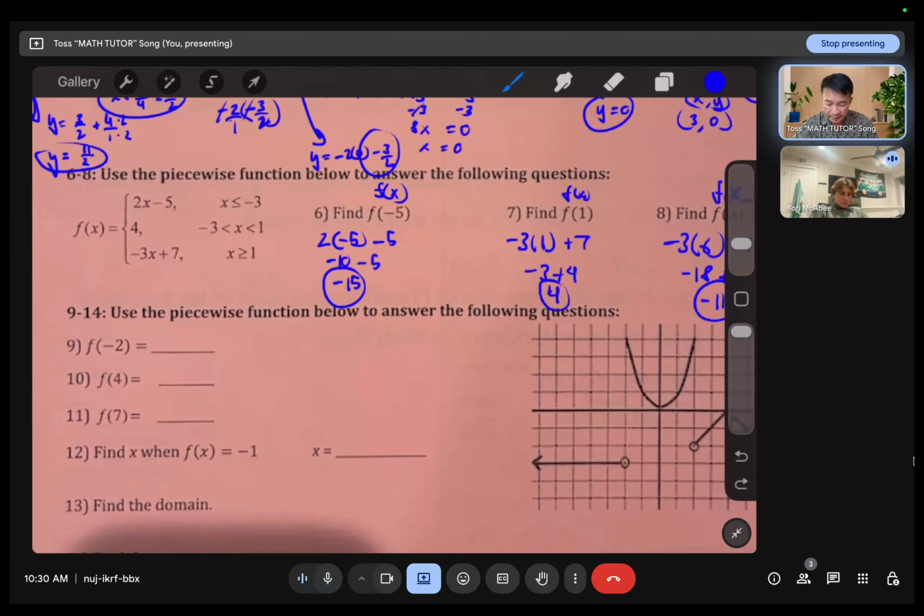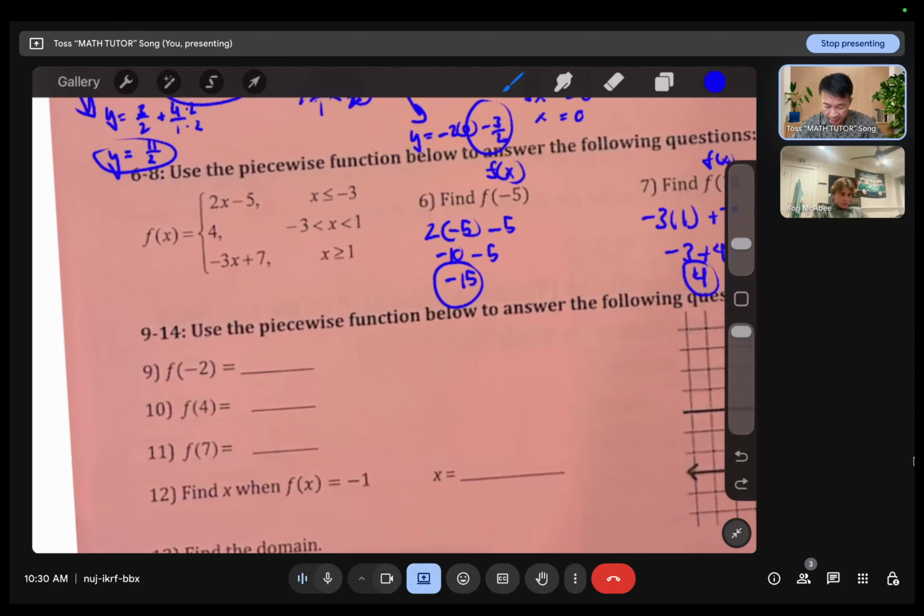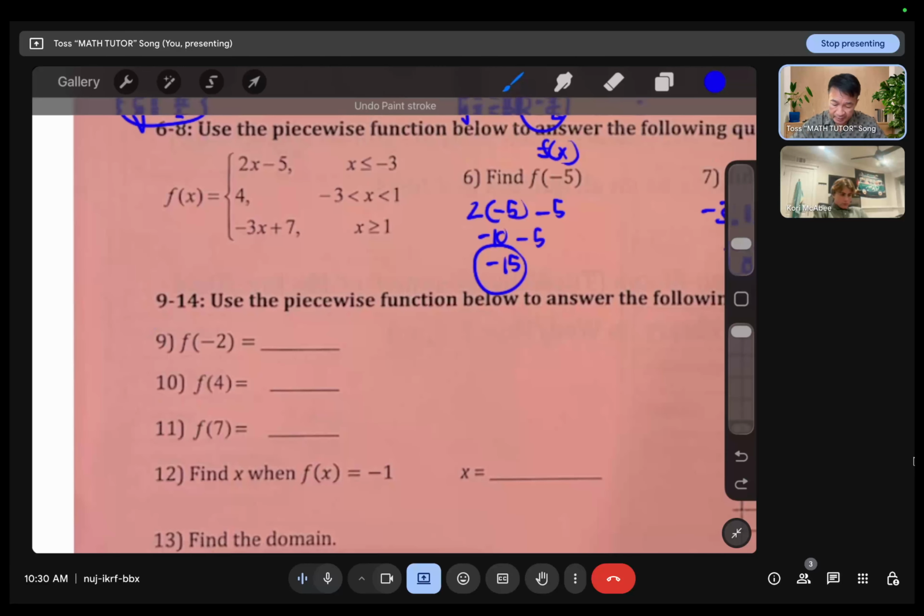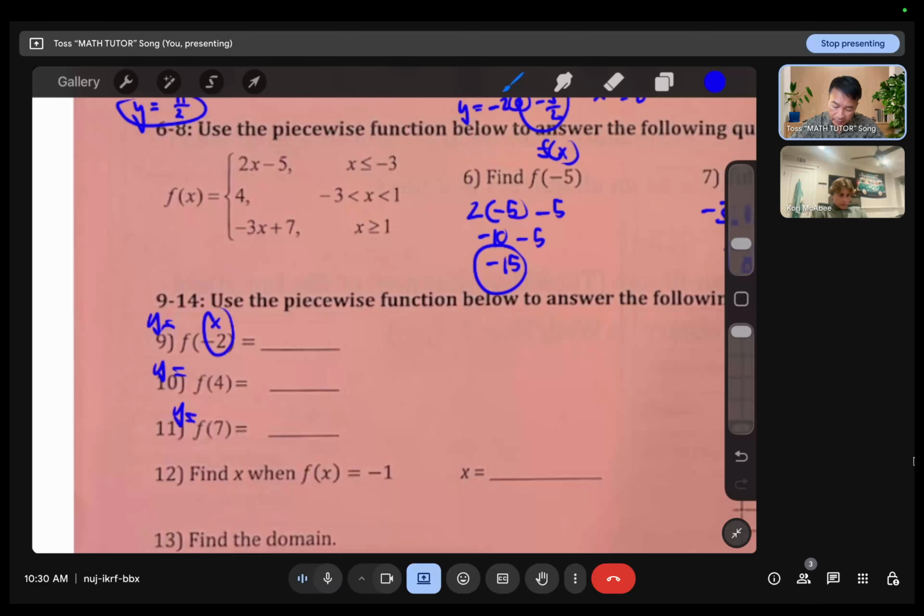Okay, so right now, for number 9, x equals negative 2. So basically what it's asking here is, when your x is negative 2, what is your f of x, which is your y? So the whole thing is y, but x is negative 2, x is 4, x is 7. I hope you're okay with that.